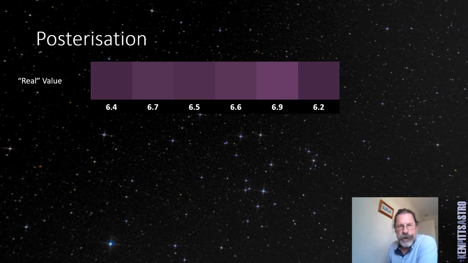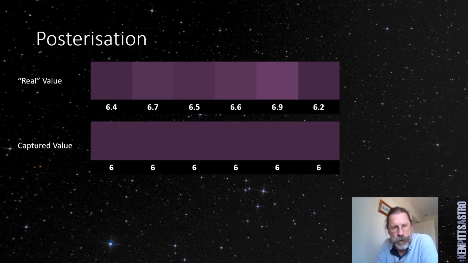Remember, 6 is a very low number, so we're talking about very dim things. What actually happens is as the photons hit each pixel, they're filling up the bucket, and if they can get up to the next level, they'll go to a 7. But none of these are quite bright enough to get it up to a 7, and what your sensor sees, instead of all this lovely detail, is just the same value.